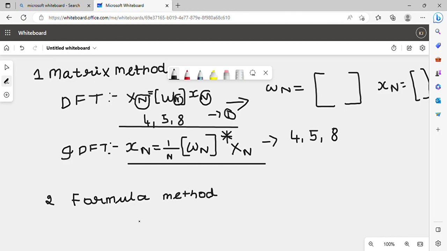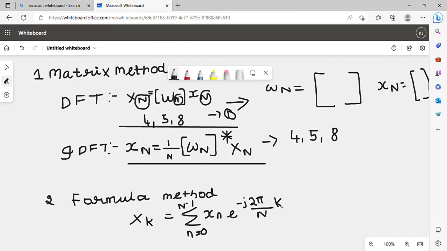Yes. And in the formula method, you have to use a formula called X of k is equal to the summation from n equals 0 to N minus 1 of x of n into e to the power of minus j 2 pi by N into kn, right?